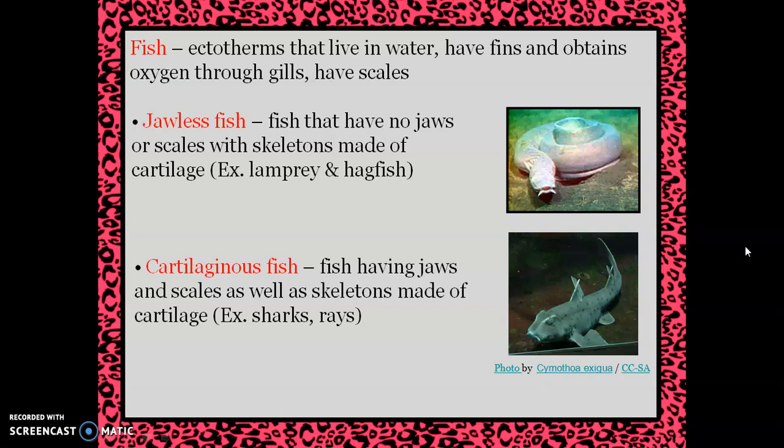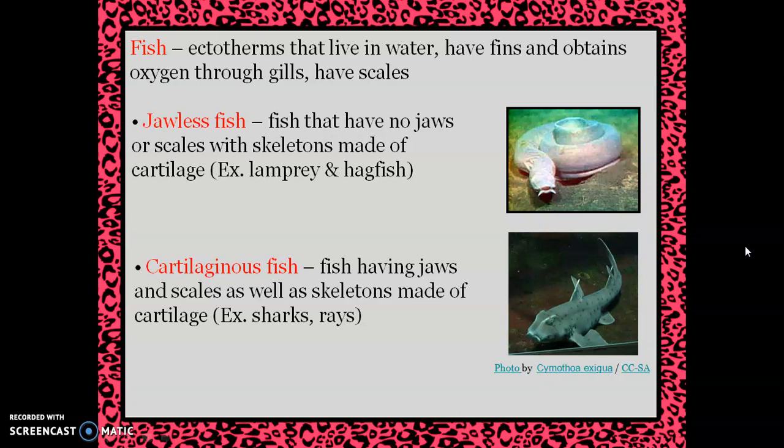Cartilaginous fish, they do have jaws made of bone. They also have scales. Jawless fish do not have scales, but they have scales. And they have skeletons made of cartilage that makes them very flexible and allows them to move very, very quickly, and they can bend quite well.